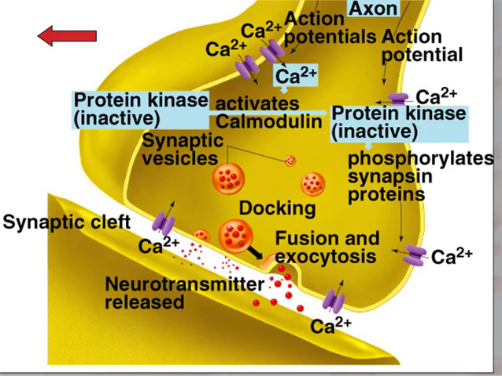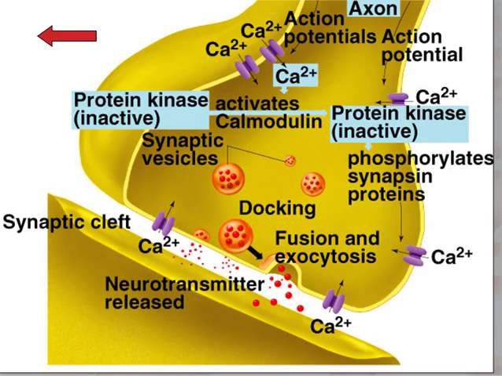Turns out that when that calcium comes in, it's going to activate an enzyme that we call a protein kinase. Okay? It's going to activate a protein kinase. That protein kinase, when it's active, is going to allow these vesicles to move to the membrane, the surface membrane here of the synapse, and rupture.